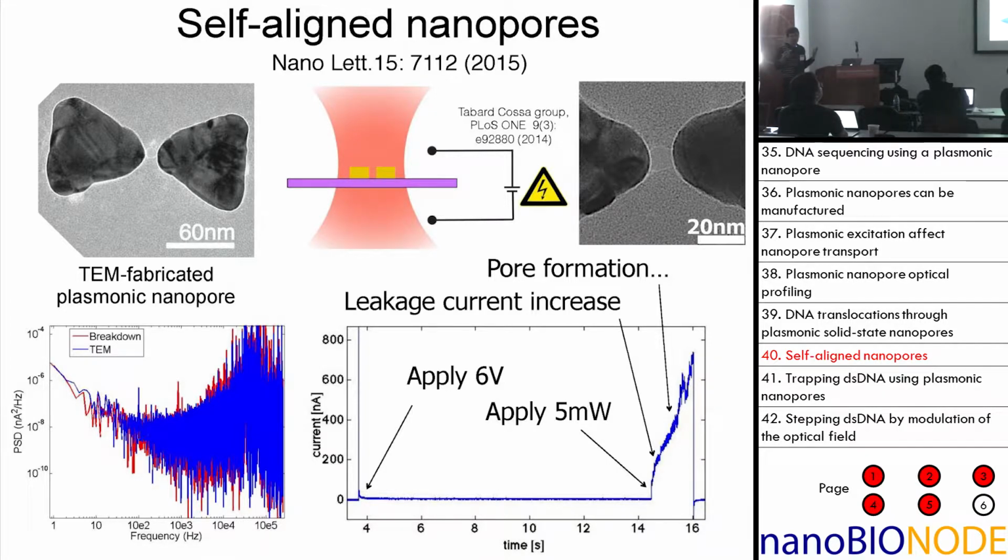Yeah? So that's kind of an important advancement. You don't have to find those things with the TEM. You just apply the dielectric breakdown, and it just appears right in the middle. Yeah? And experiment has shown that those pores are as good as the ones that you make with TEM.